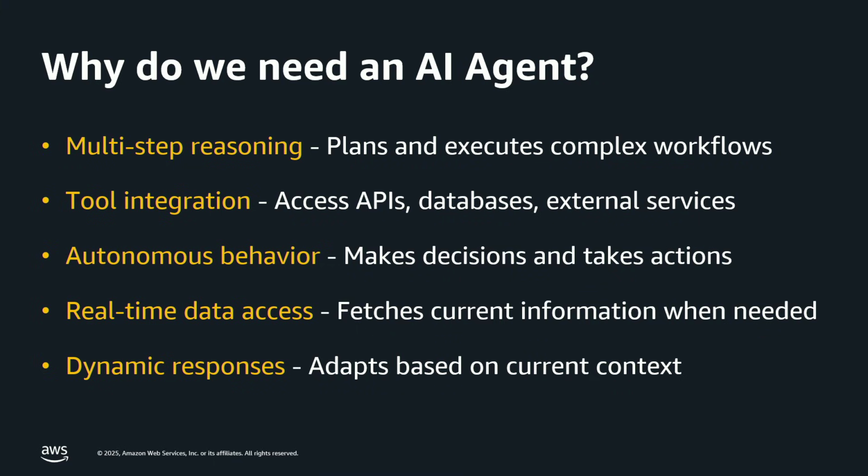Let's start off with understanding why we need an AI agent, right? LLMs are pretty powerful. We can get a lot of things done with large language models today, but they're passive, right? Out of the box, an LLM will take your request, generate some response, document, text, picture, audio, whatever it is, and give it back to you.